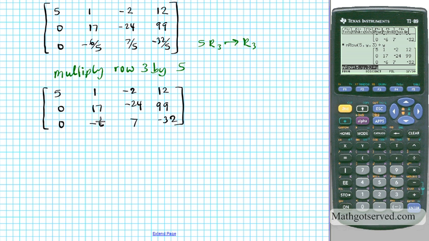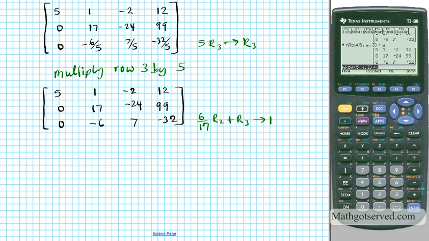So, I need to change this to a 0, so I multiply this by the number that will give me the opposite of negative 6, which is positive 6 over 17. So what I'm going to do is the following algorithm. I'm going to multiply 6 over 17 times row 2, which makes this number a positive 6, and I just add it to row 3, and that makes it negative 6, 0.